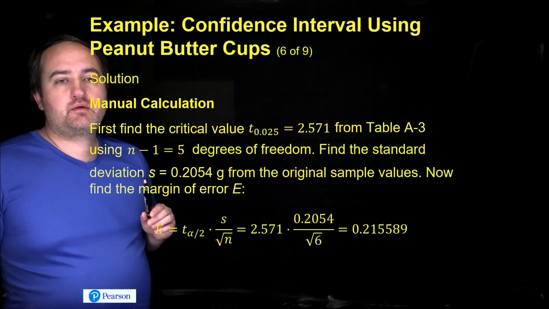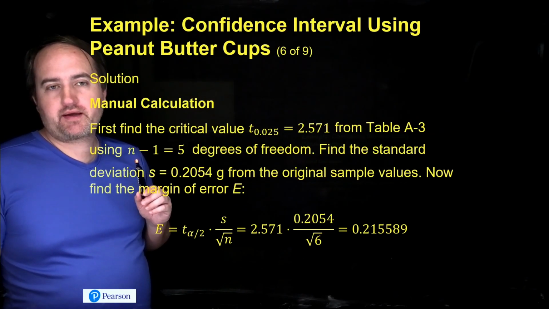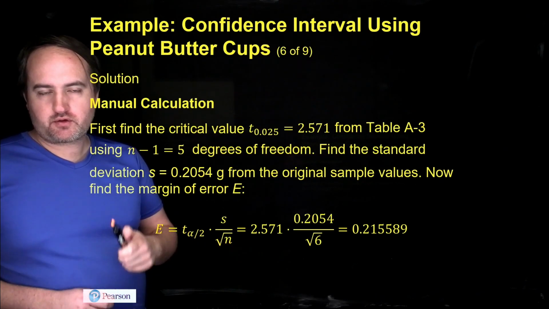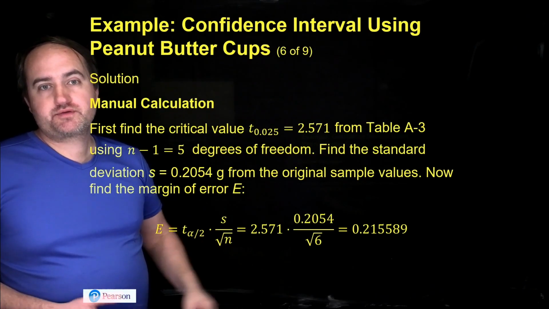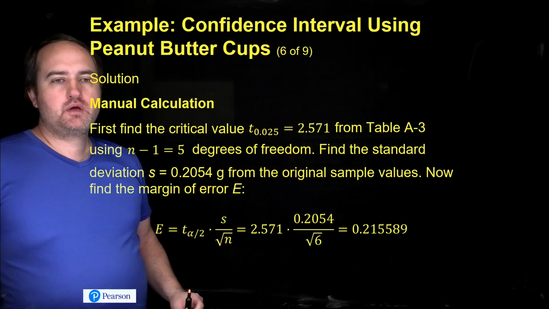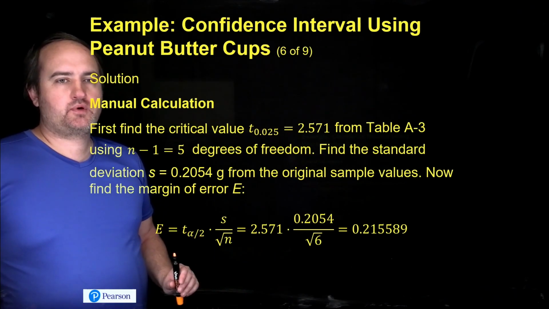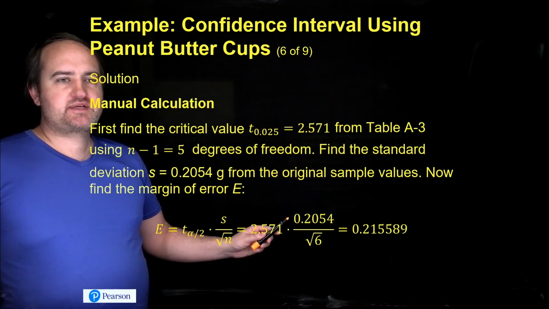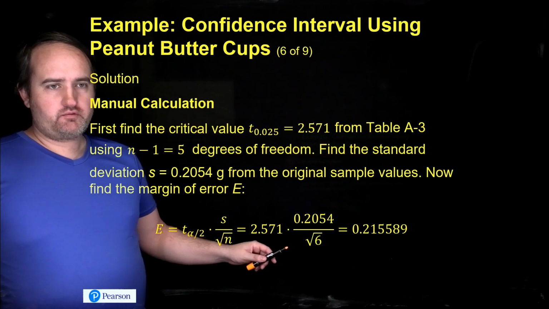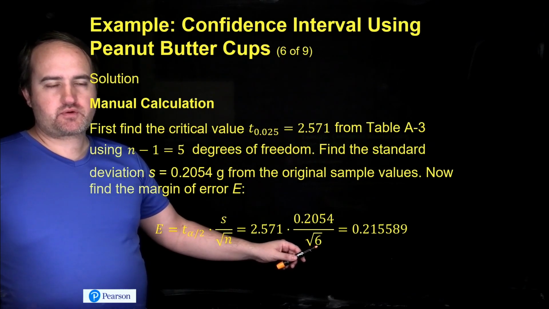Remember here that n was 6. That's how we got n minus 1 is 5. N was 6, obviously, because there were a total of 6 data values in our sample. So plugging everything in here, we've got 2.571 as t sub alpha over 2, times S, which is 0.2054, over the square root of n, so the square root of 6.